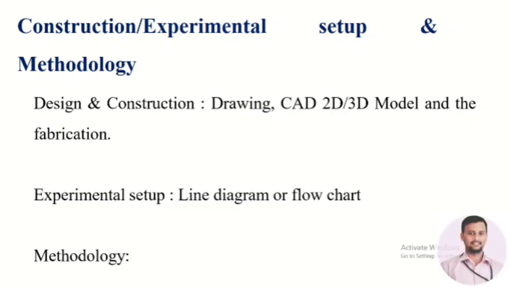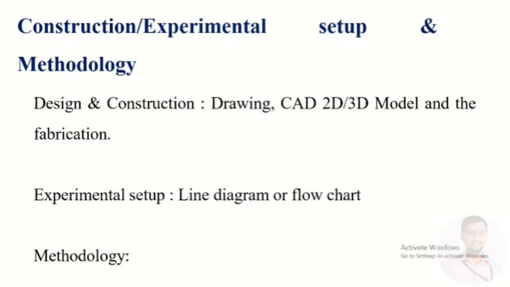I personally suggest the students not include too much text in this section. You can use schematic diagrams or figures to explain the construction, working or experimental setup. That will be more effective, and the examiner will be impressed by the way you explain your construction or working.